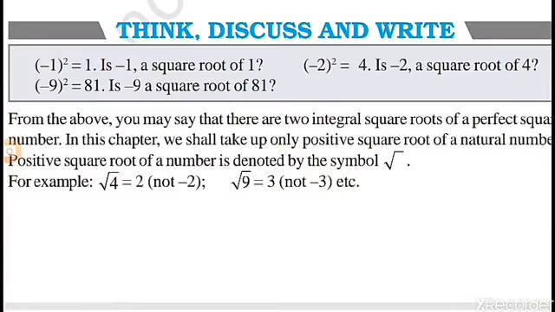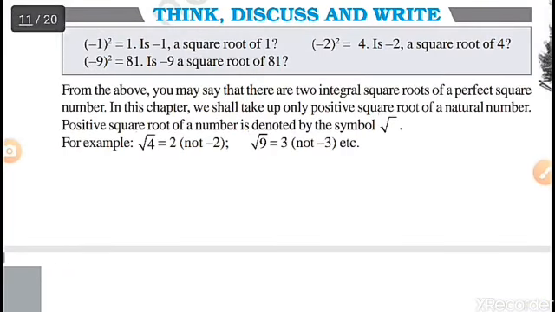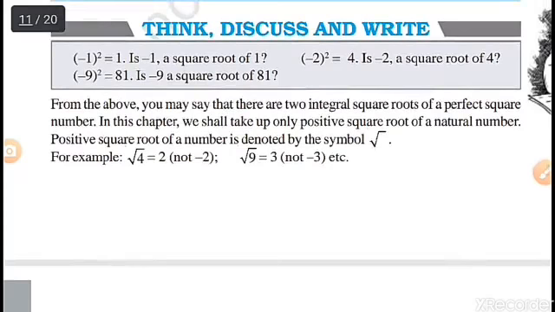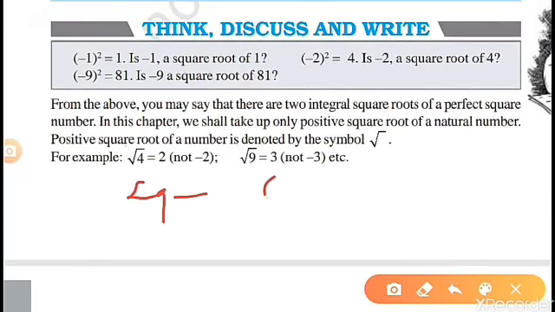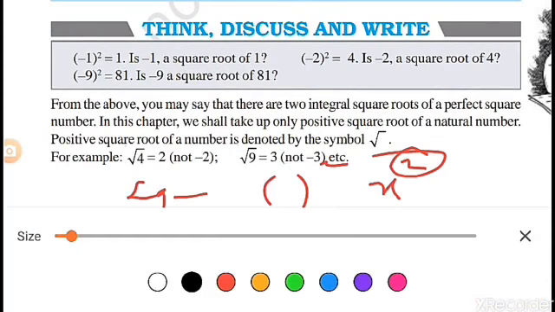Now, how do we write square roots mathematically? We know how to write the square. If we want the square of x, we just say x square. So square is the operation here. But if you want to calculate the square root of x, we will put a sign.